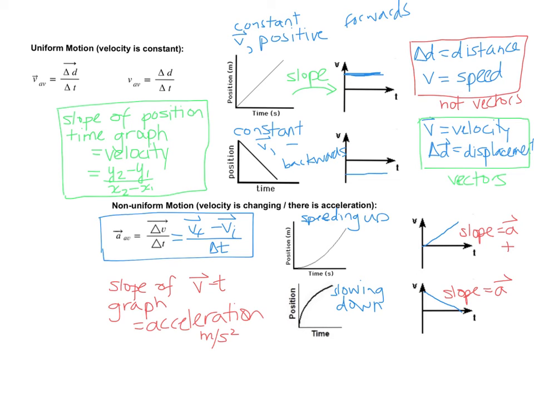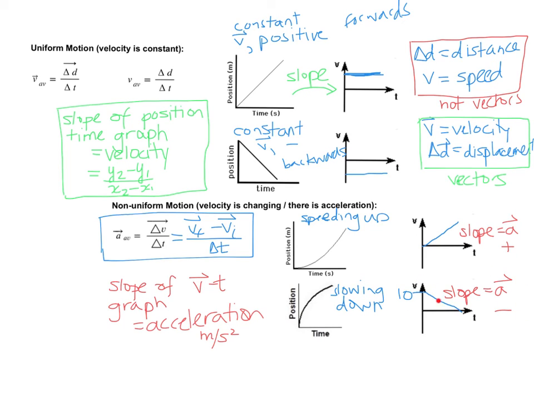But if my velocity is decreasing, then we have a negative acceleration, because I started with a high velocity. Say I started at 10, and then 1 second later I'd be going 8 if I had an acceleration of -2 meters per second squared, because the acceleration is taking away, the velocity is decreasing or getting smaller every second.